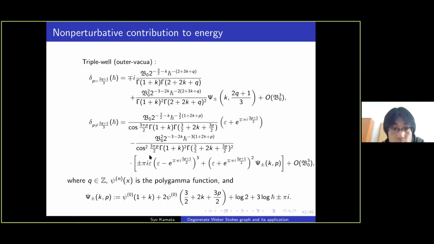But in this case, when P is not (2q+1)/3, where q is an integer, this has an energy splitting coming from this epsilon. So this is the main difference from when P equals (2q+1)/3 or so.